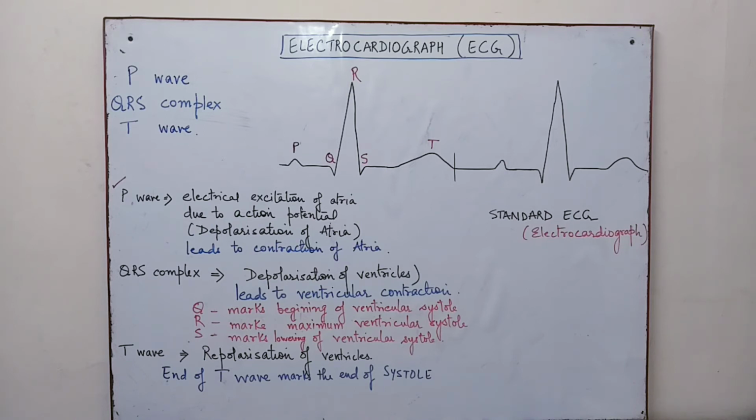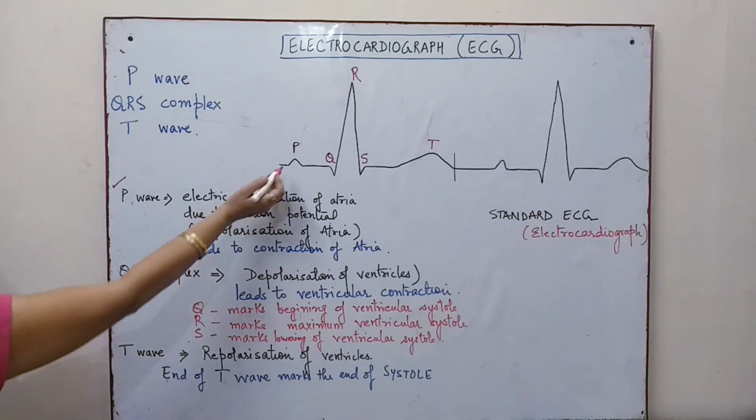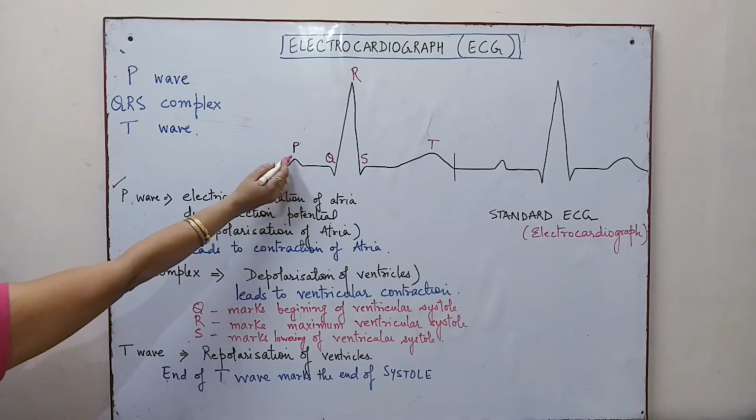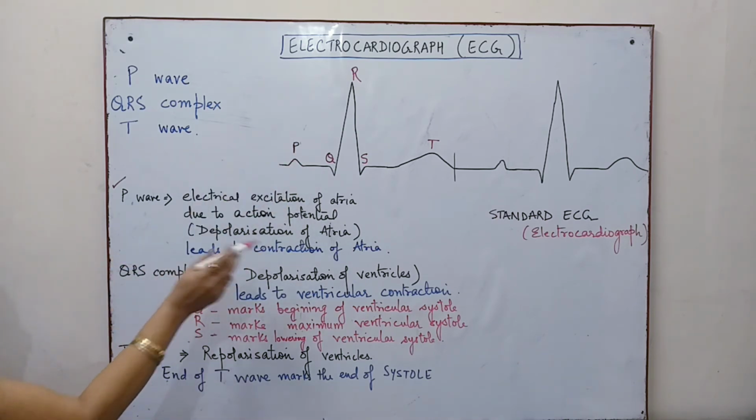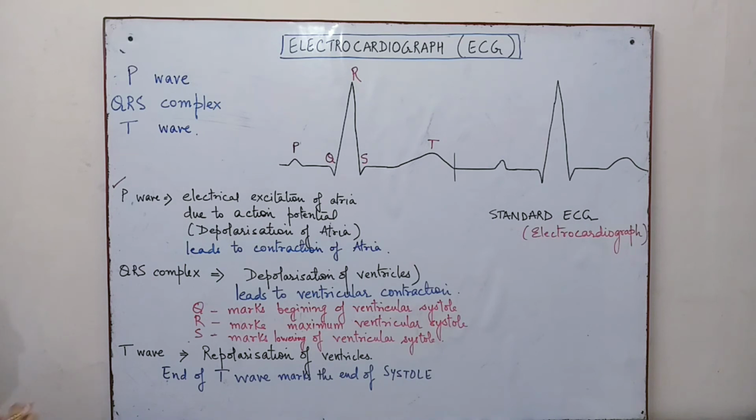Because there is the action potential which is being caused by the SAN. This leads to the contraction of the atria. So over here you can see due to the depolarization of atria, the contraction of atria takes place.